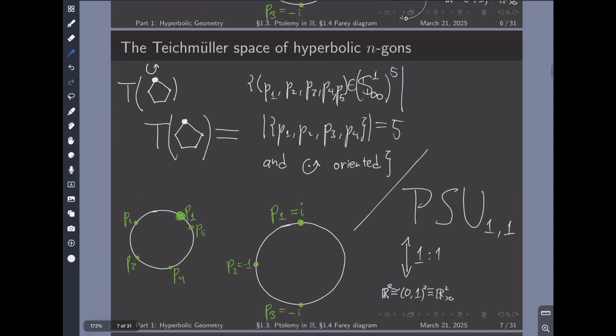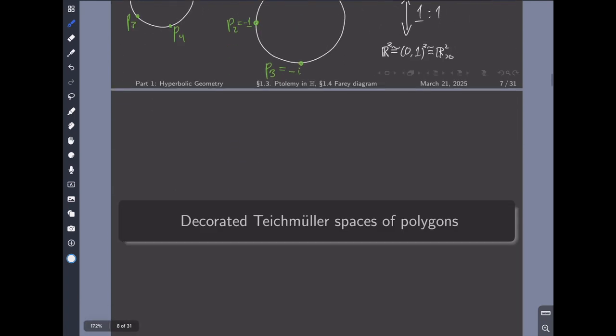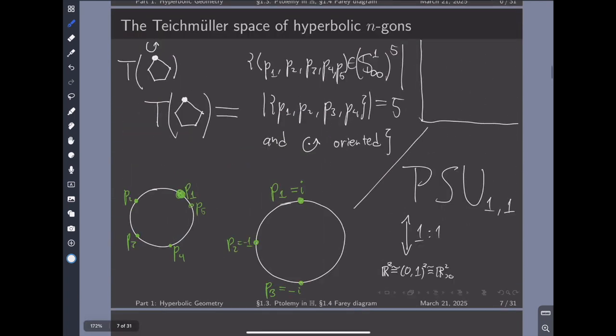So in general, we have the corresponding definition for Pn with one distinguished vertex.